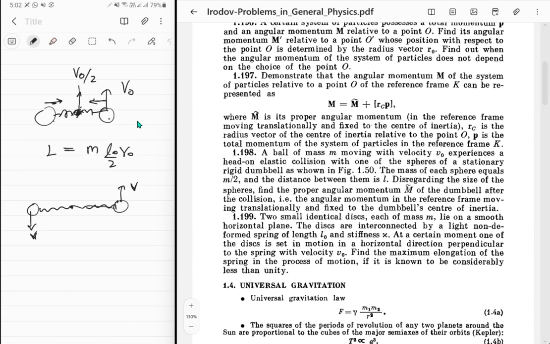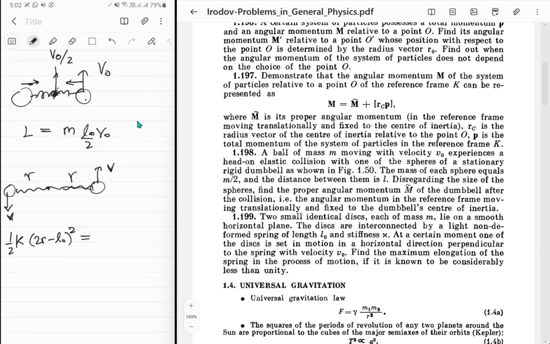So now what do we do? You've got some radius, we don't know what that radius is. What about energy conservation? That also works. So what you will have is half k times x squared, where x is 2r minus L naught, this thing squared, equal to half mv squared.